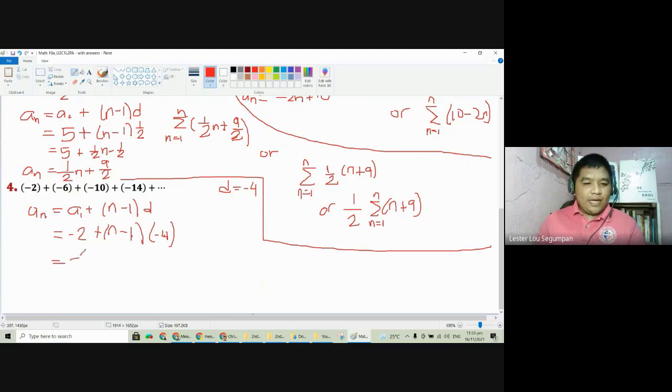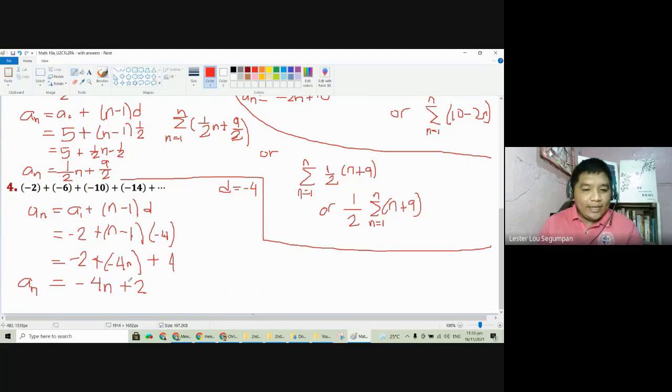So you will have here negative 2, multiply that, you have plus negative 4n, and you will have here plus 4. And finally, when you would like to arrange it, you have negative 4n, negative 2 plus 4 is positive 2. Now, this is the quantity that should describe all terms here.